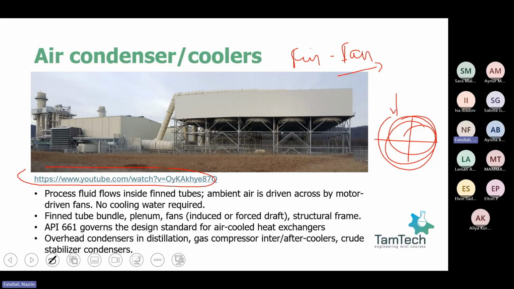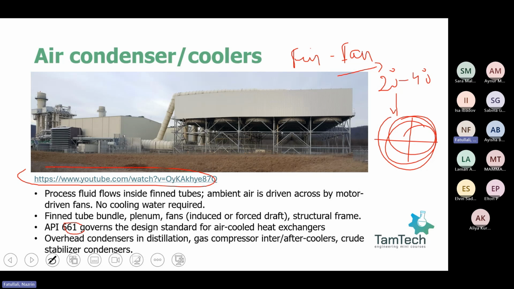This combination helps use air to cool your process fluid, because your process fluid temperature is high, but your ambient temperature is between 20 and 40 degrees, and it will decrease the temperature of the fluid. It's governed by API 661.